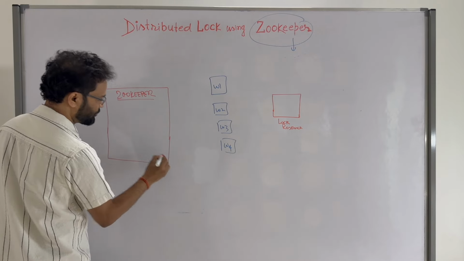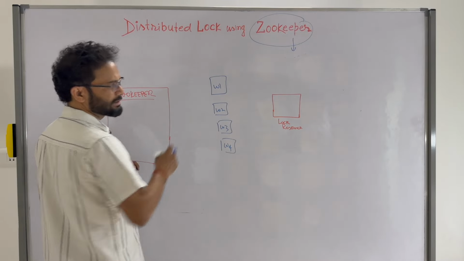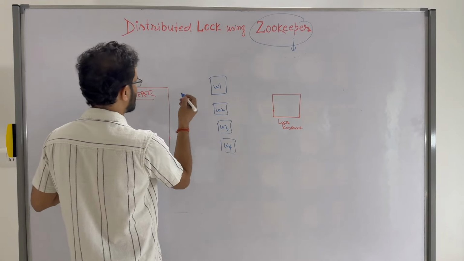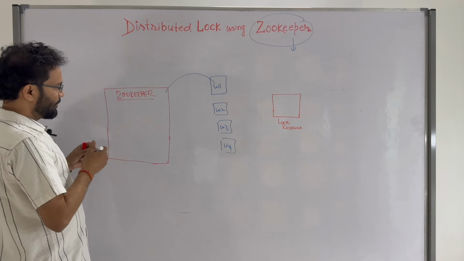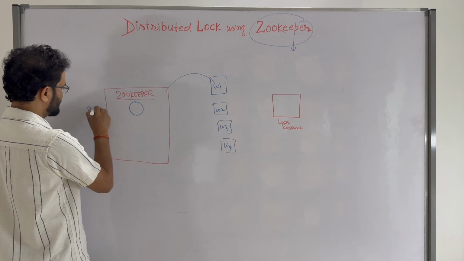The moment a system wants to lock, they will subscribe to Zookeeper. One node is already there, called the parent node.